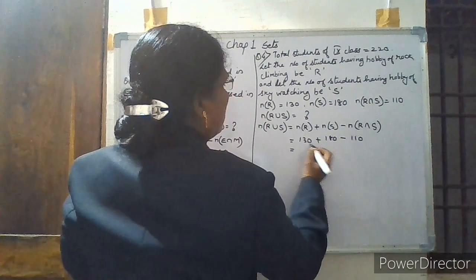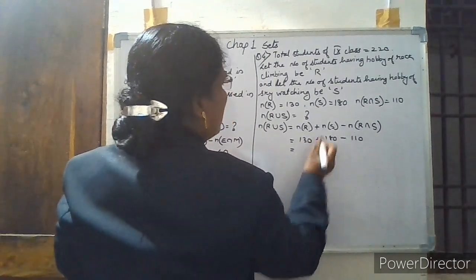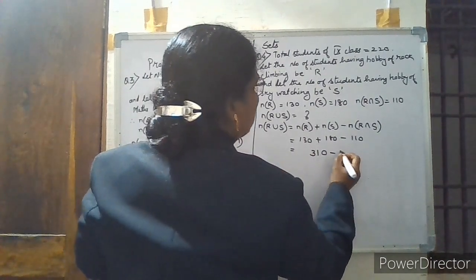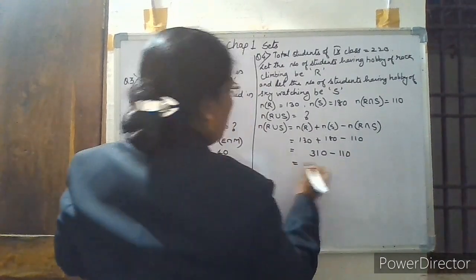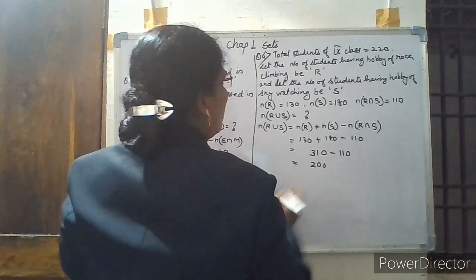So this is equal to 310 minus 110, which is 200.